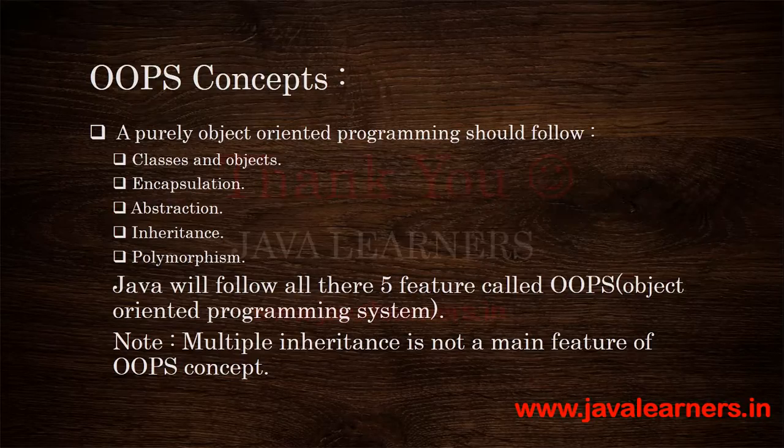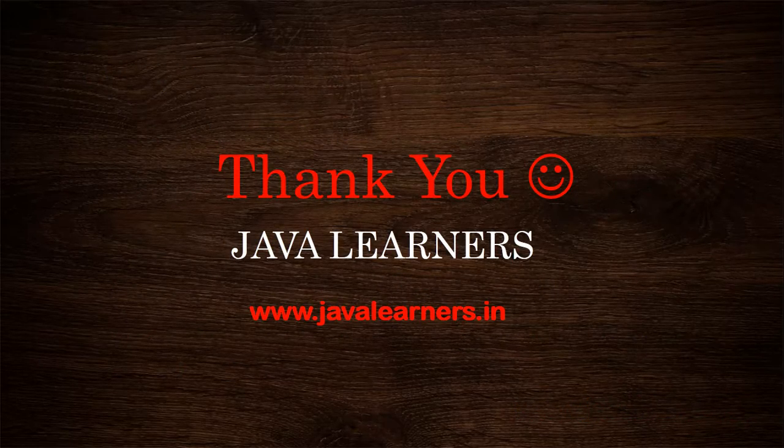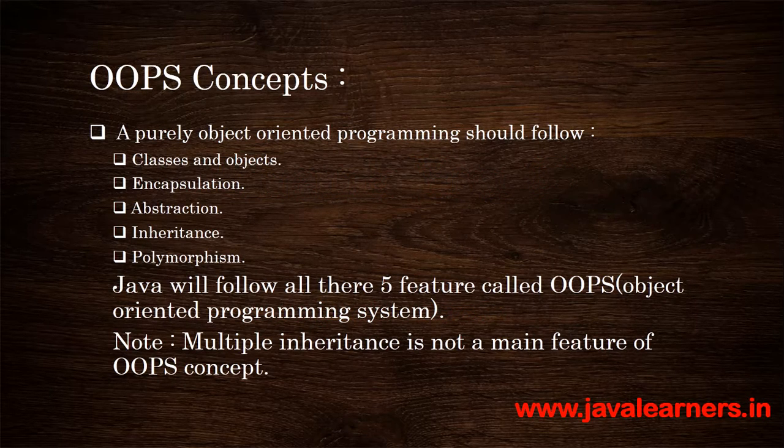I forgot to say one thing. Inheritance is the main feature here, but multiple inheritance is not a main feature. Multiple inheritance is a sub concept of inheritance, not a main concept in OOPs.